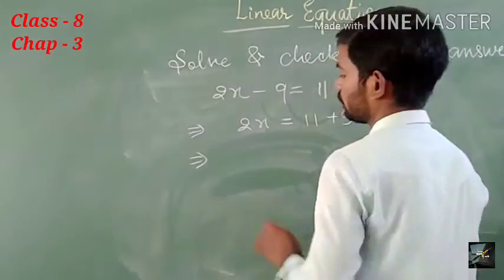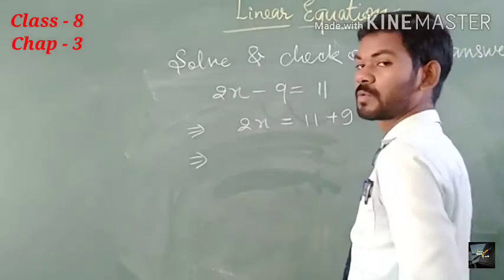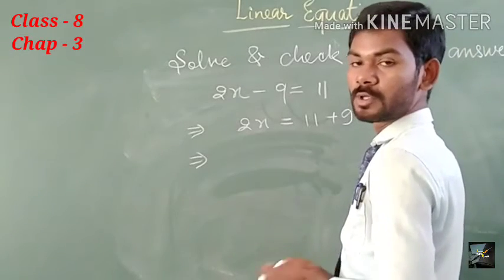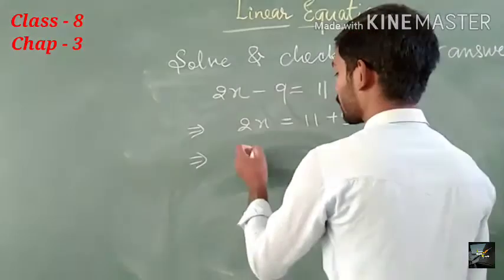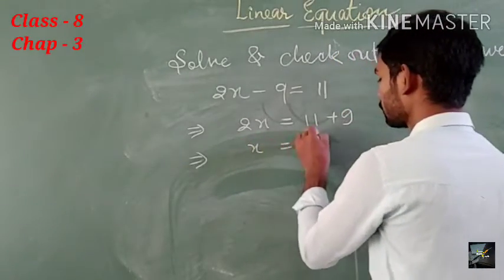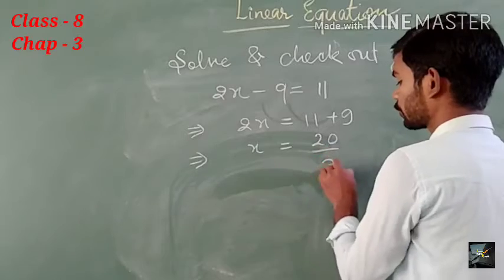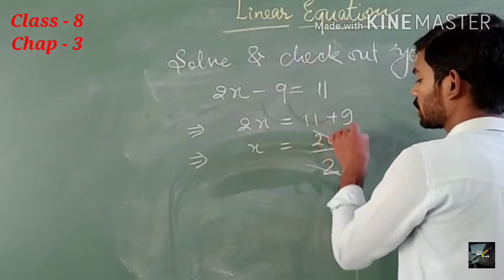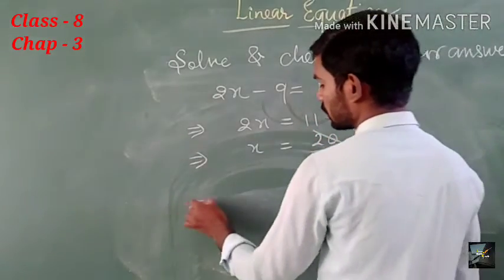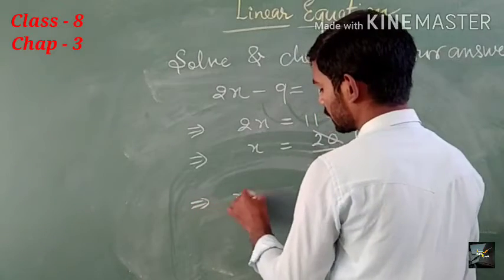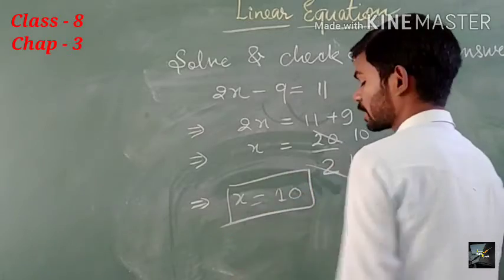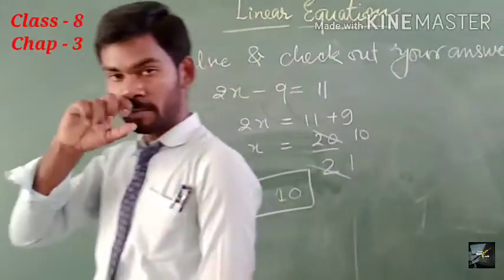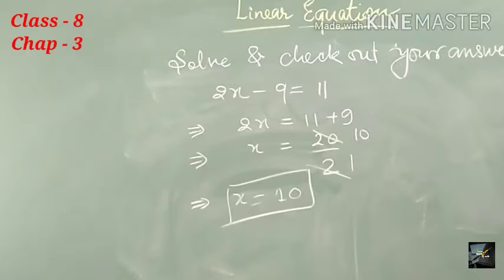Again in the next step, 2 is multiplied with x. Therefore, when 2 is transferred to the right side, it becomes divided and we get x is equal to 20 upon 2. Now solving, 2 1s are 2 and 2 10s are 20. So we get the result x is equal to 10. Therefore, x is equal to 10 will be the required solution.